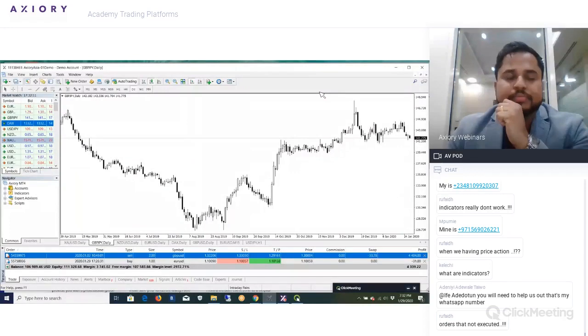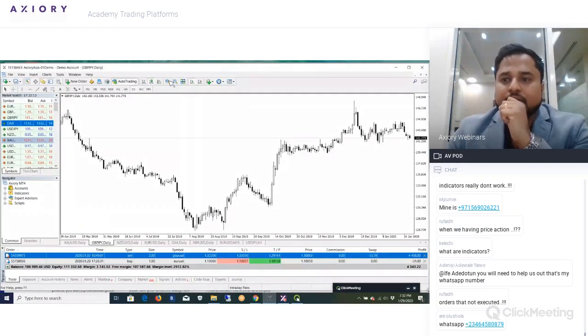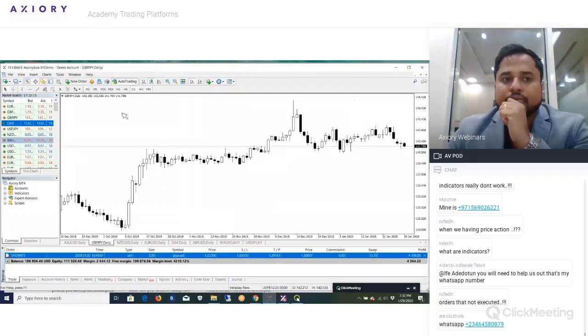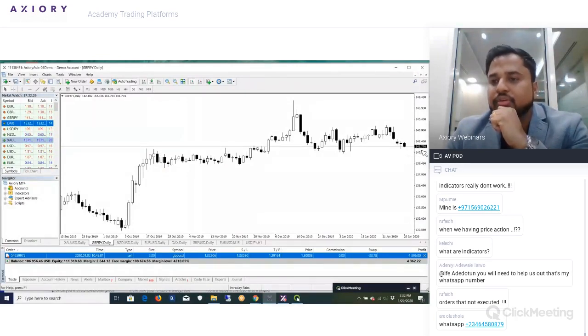Okay, we'll take GBP, for example. This is GBP JPY, pound with the Japanese yen. The current price is trading at 141,770.